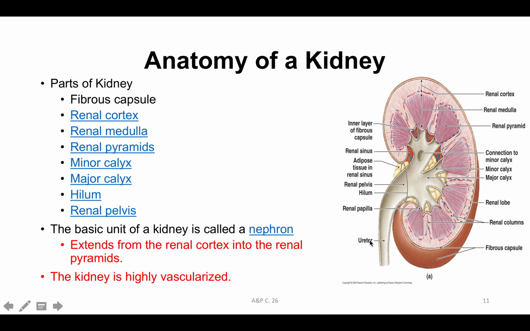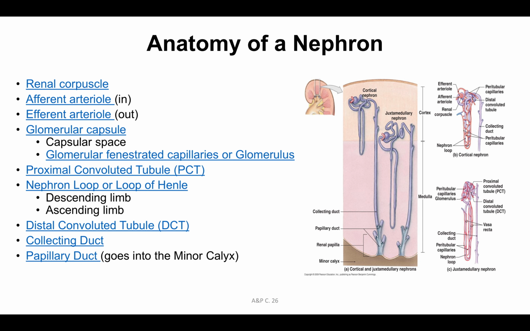The kidney is also very vascularized. It has a lot of arteries and veins going in and out because its job is to filter your blood and to remove waste and put back into your body what we need, like ions and water. There's also a lot of fat tissue within the kidneys.